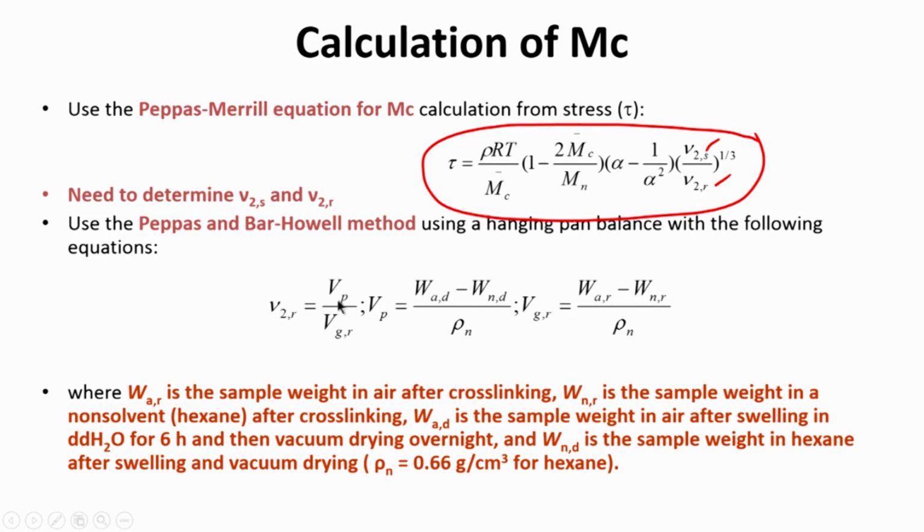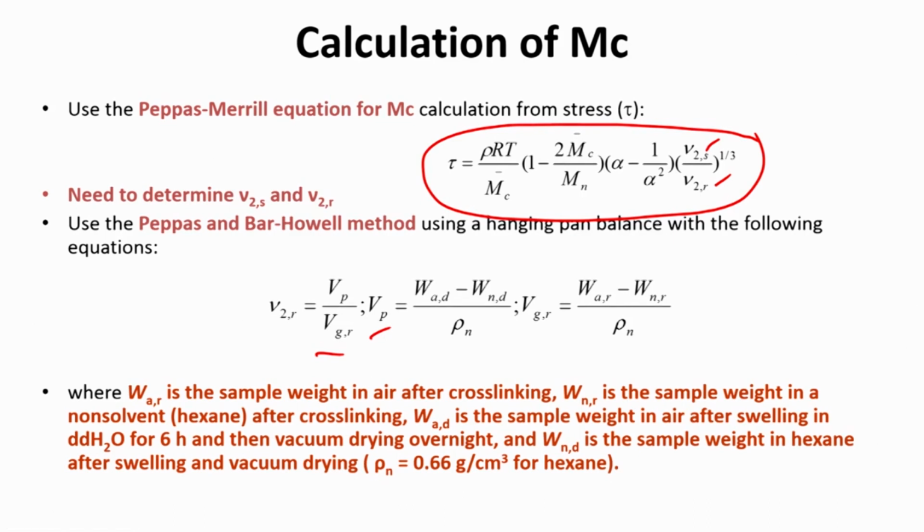V2R is nothing but the weight of the polymer divided by the weight of this term, and similarly Vp, which is the volume of the polymer, is nothing but how much water you have added divided by the density.